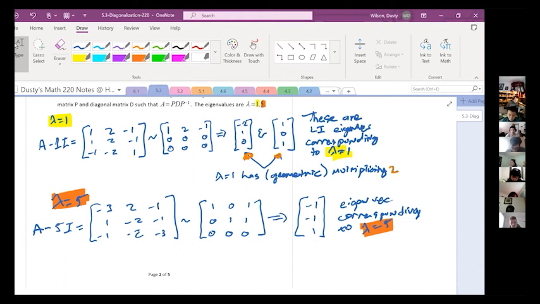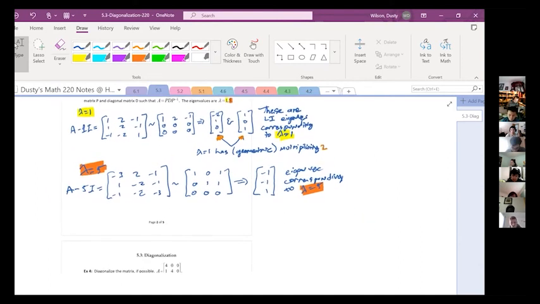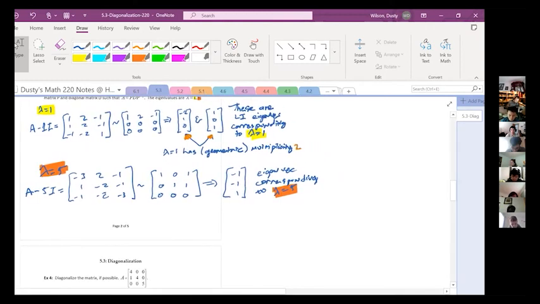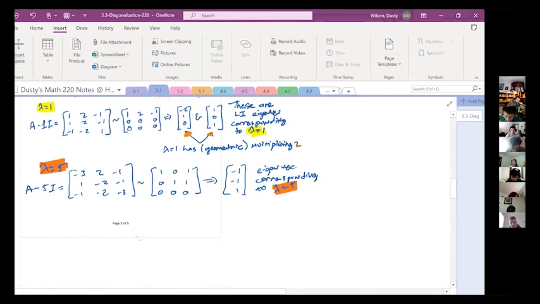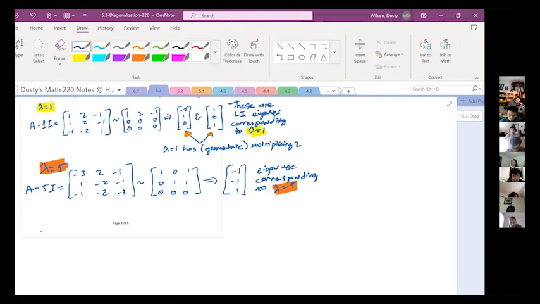So we're going to form our D first. D is a diagonal matrix, and there's more than one way that you could represent the D. It doesn't matter.